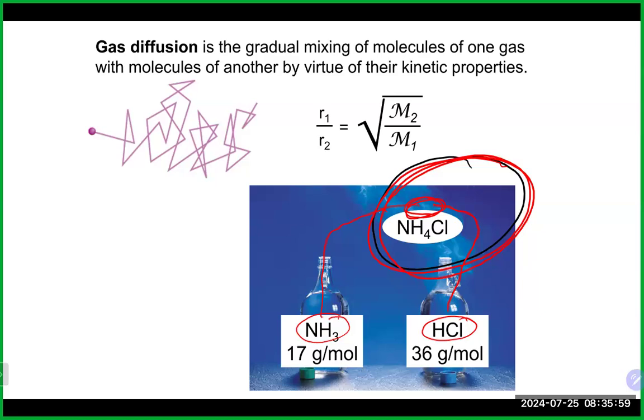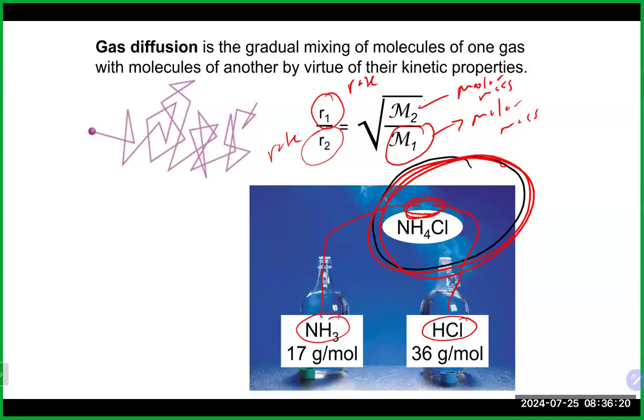You can actually calculate a couple of things if you know how fast a gas is moving and the molar mass. This is the rate of gas one. This is the molar mass of gas one. And that is the molar mass of gas two, and that is the rate of gas two.